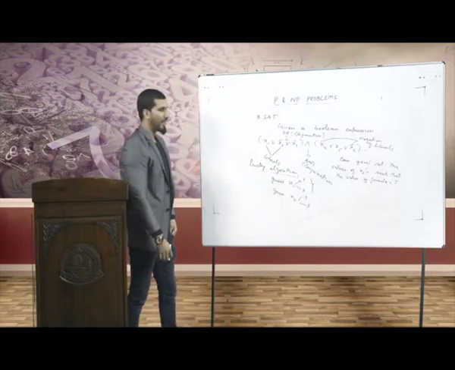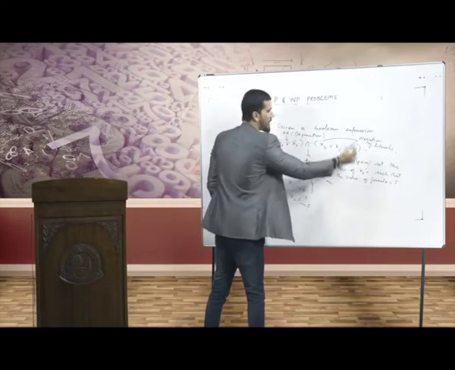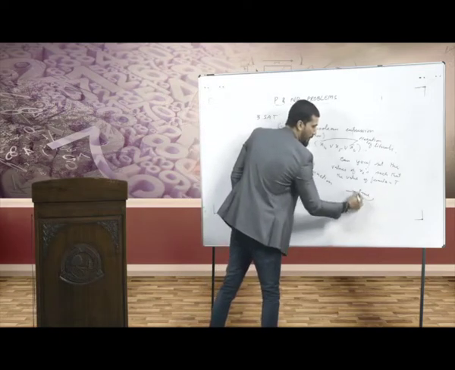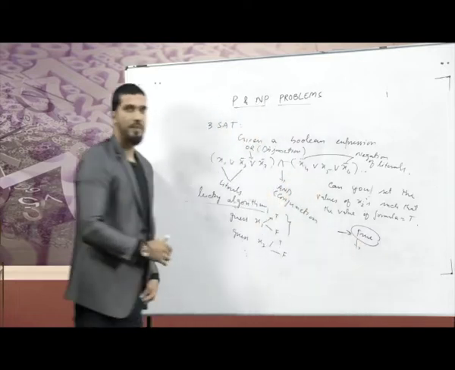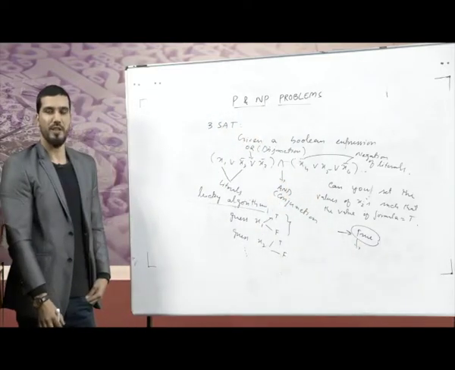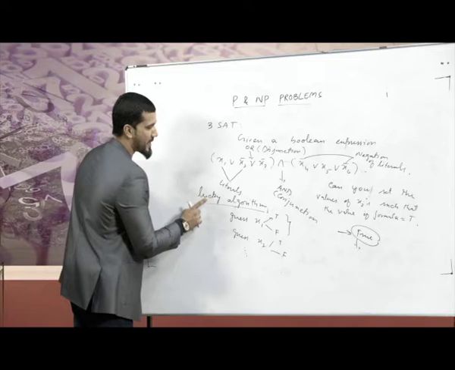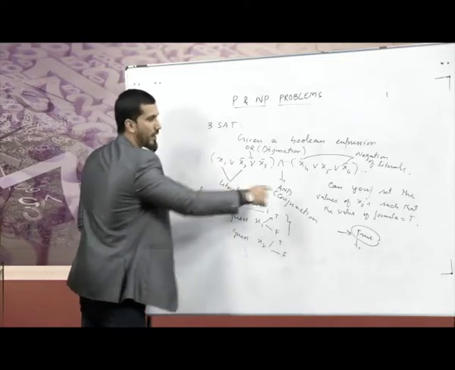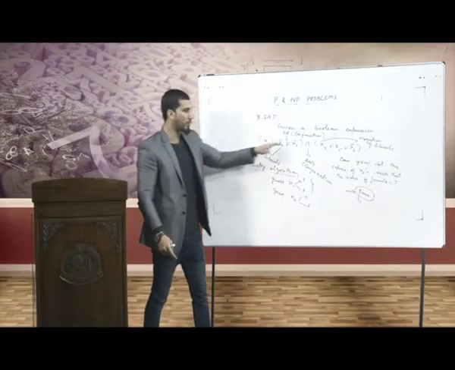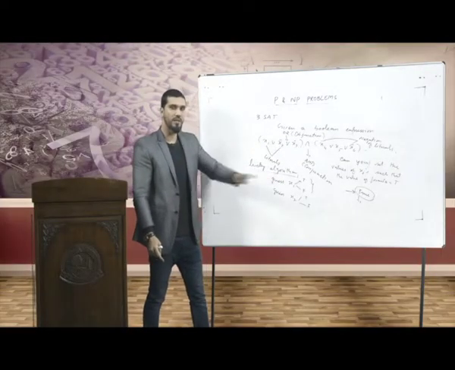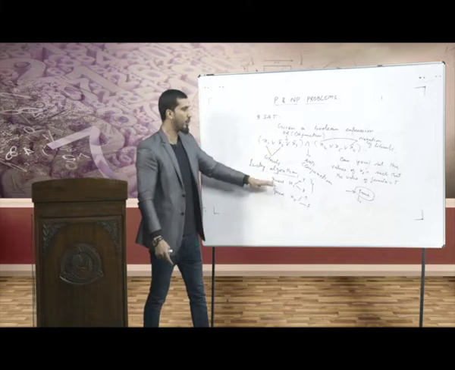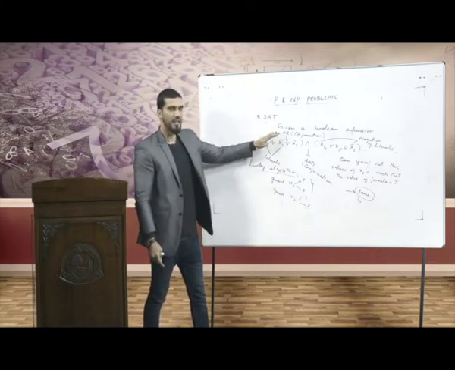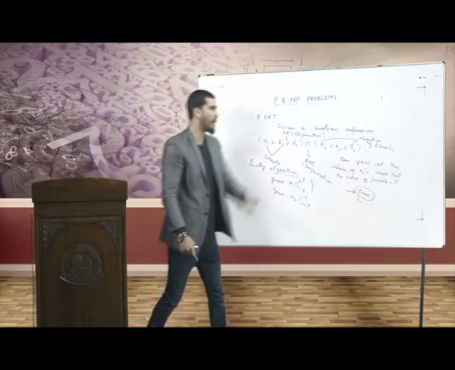And magically, if there is a combination of the values that gives the true value to the formula, the answer will always be true. That's why we say it's a lucky algorithm. We are lucky enough to get the guesses according to our outcome. If there is a true answer for this formula, the guesses will be the right guesses to get the true value for the formula.